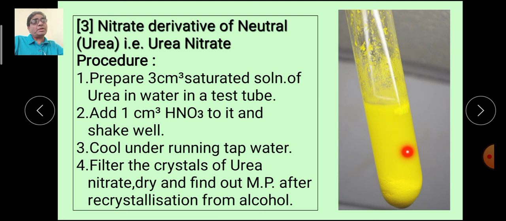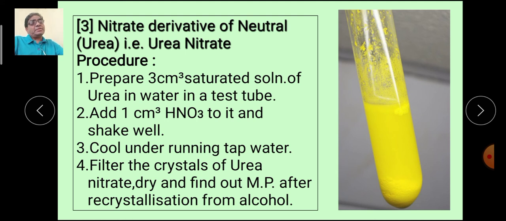This is a yellow colored nitrate derivative of urea. Filter the crystals obtained of urea nitrate, dry, and find out the melting point after recrystallization from alcohol. Therefore, filter the product, dry it, carry out the recrystallization and then carry out the melting point.